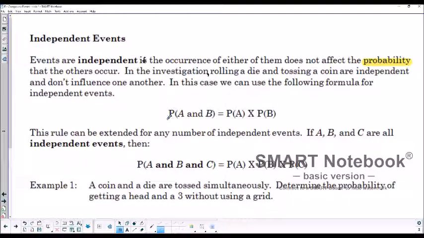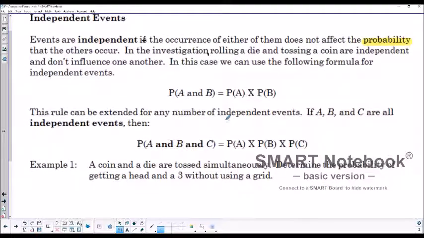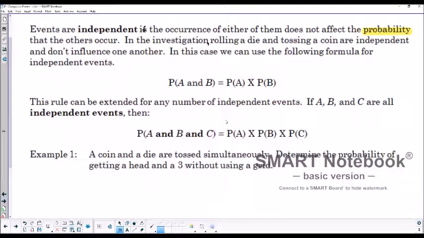And so if we use this formula, the probability of A and B occurring is the probability of A multiplied by the probability of B. We can even extend this to 3 events or 4 events. It doesn't matter, as long as they're all independent events.